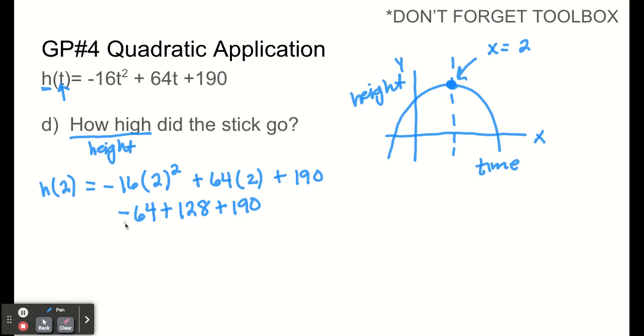We go ahead and simplify. Negative 64 plus 128 is 64. 64 plus 190 gives us 254. So the height at 2 seconds is 254.